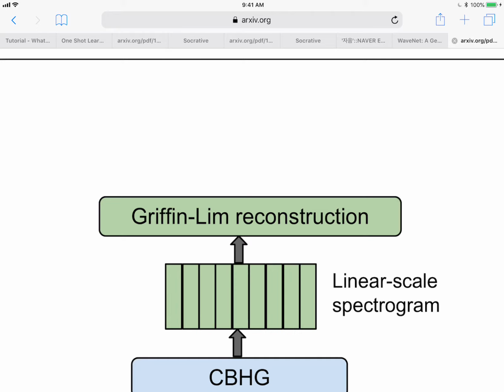But we can also concatenate the WaveNet. I'm just reiterating what I just learned from the students, but instead of that Griffin-Lim reconstruction algorithm or post-processing module, we can concatenate that with the WaveNet.